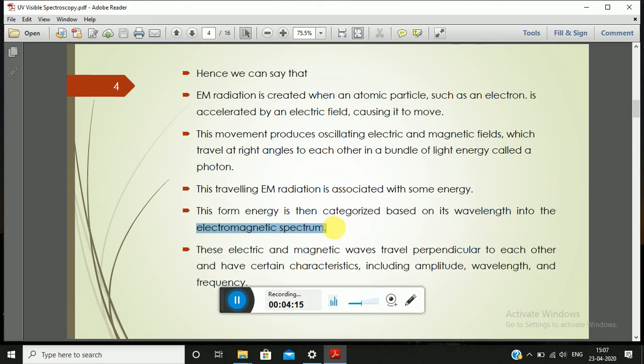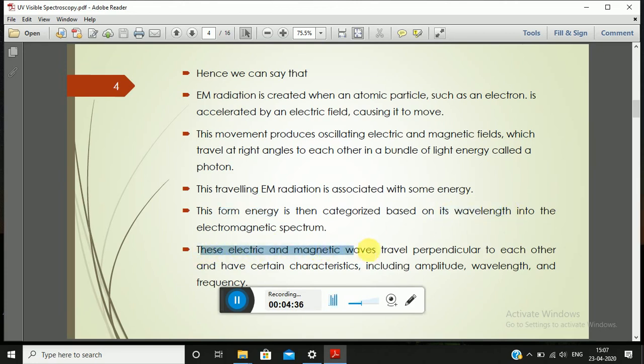If you consider the electromagnetic spectrum, it consists of various different radiations associated with different amounts of energy, and this energy is based upon wavelength.